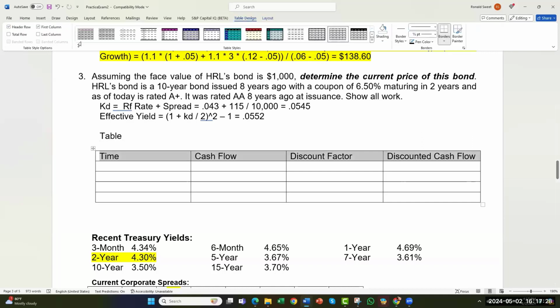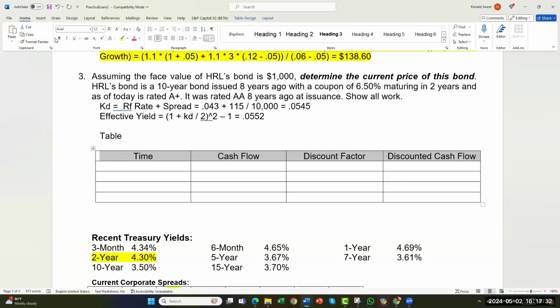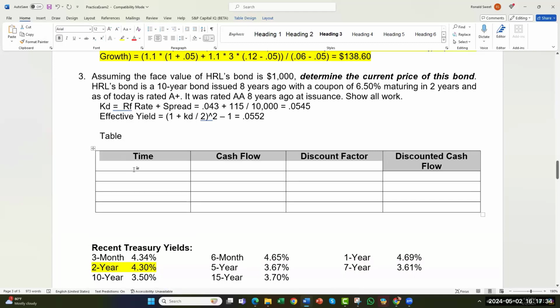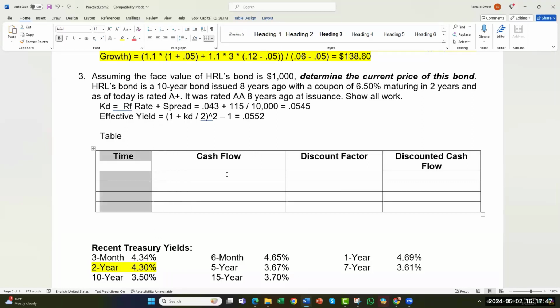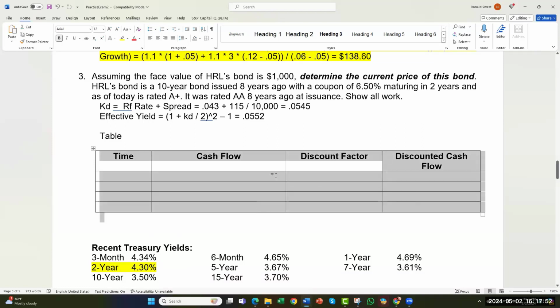I do wish we could do this exam in Excel. It'd be a lot more interesting. I'd probably give you a 20-year bond or something. Sorry. All right, so when we do this, rounding is going to be an issue.